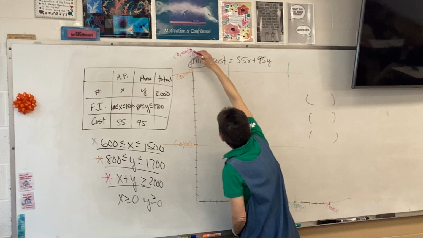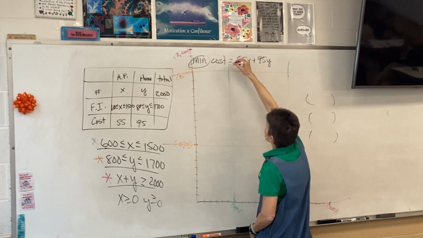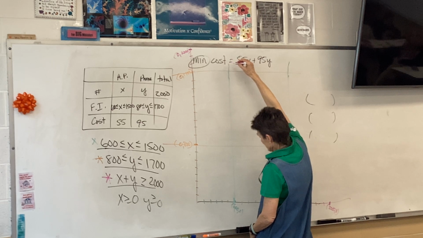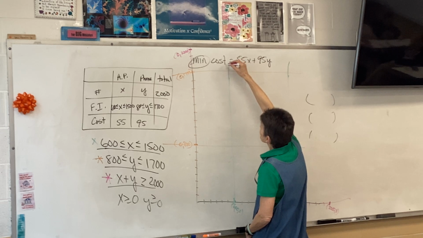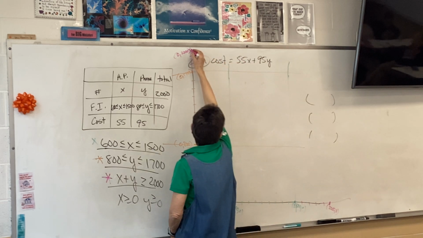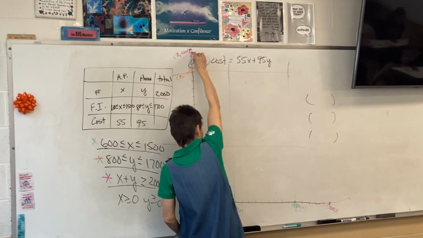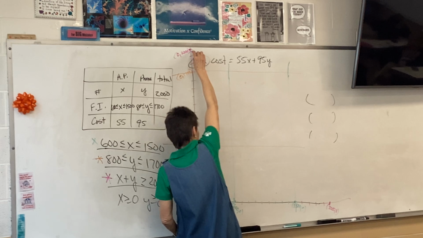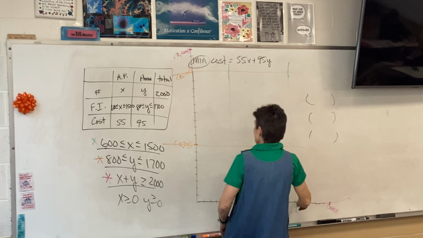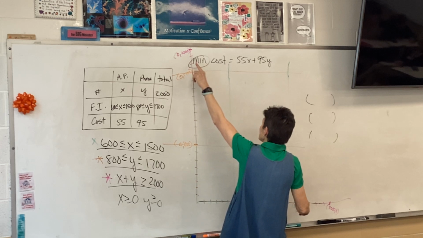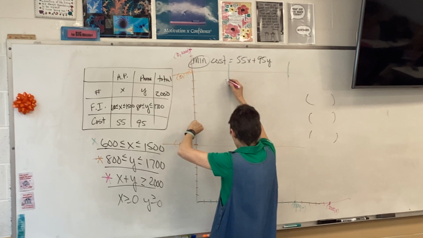Oh, Lord, help me. Let's see. That would be 6. Trying to figure out where this crosses. 600, that would be.